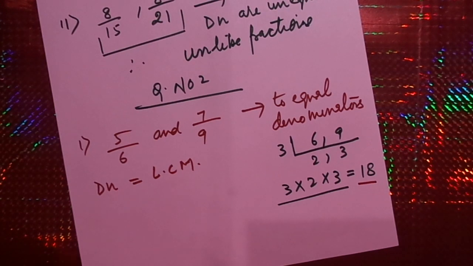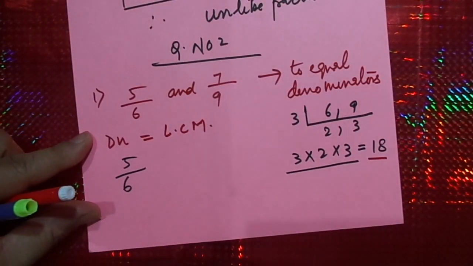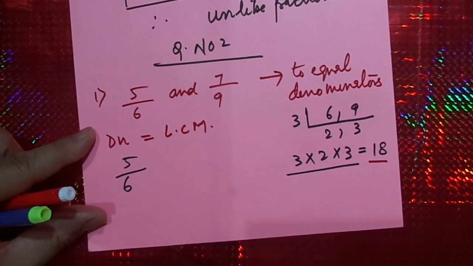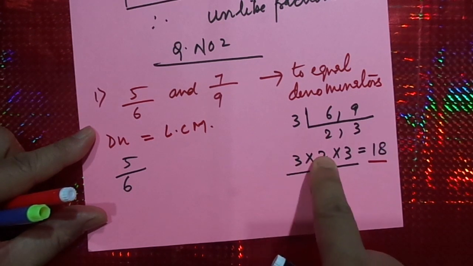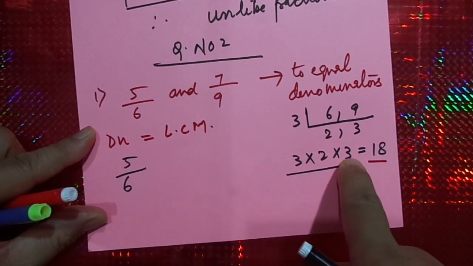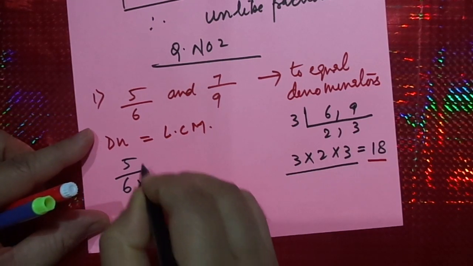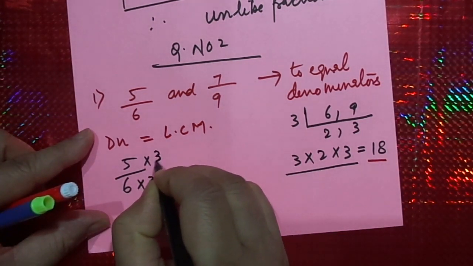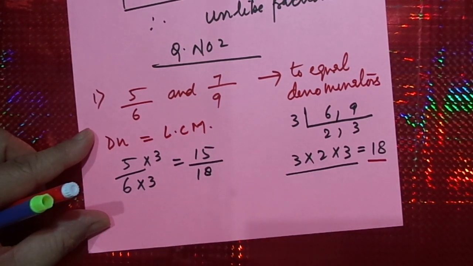In fraction 5 by 6, what we need to do is remove 6 from here. So 3 2s are 6. If I remove 6 from here, 3 remains. So I will multiply the denominator by 3 and the same numerator by 3 also. So we have 15 by 18.